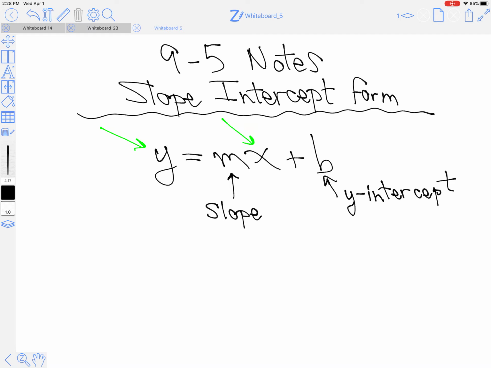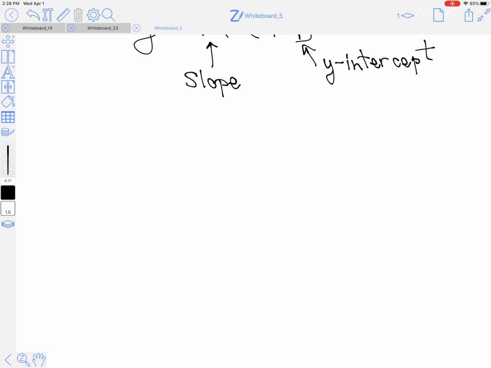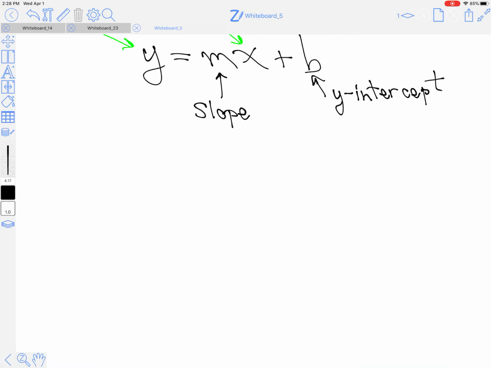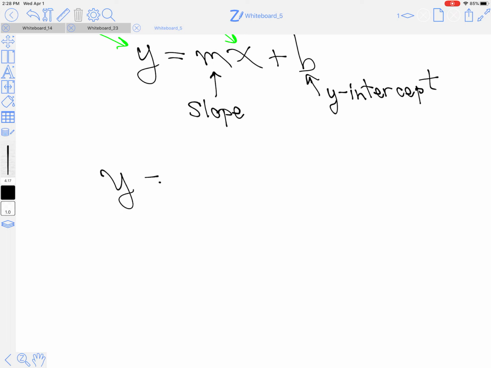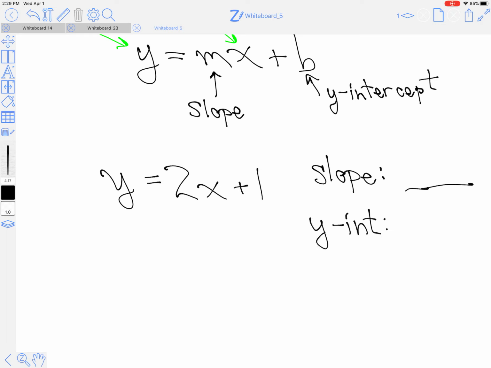So let me just put a basic problem down here for you. Let's say y equals 2x plus 1. They're going to ask you for two pieces of information. They're going to ask you to find the slope, and the y-intercept.